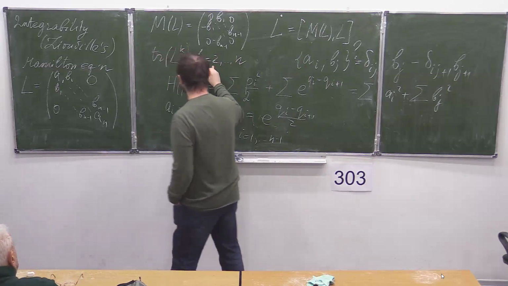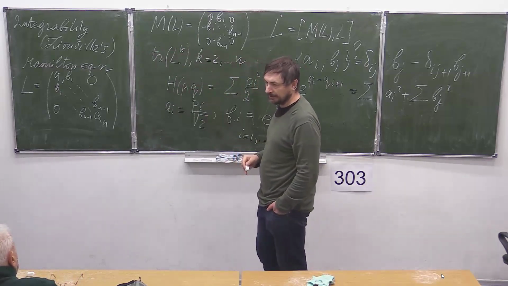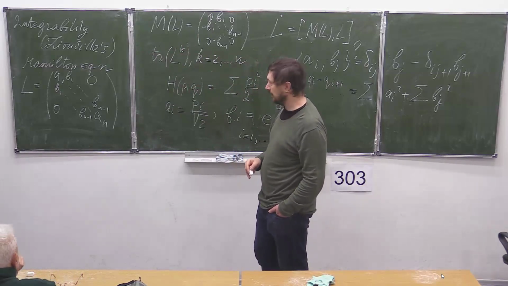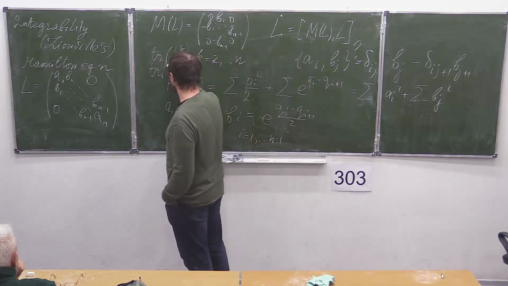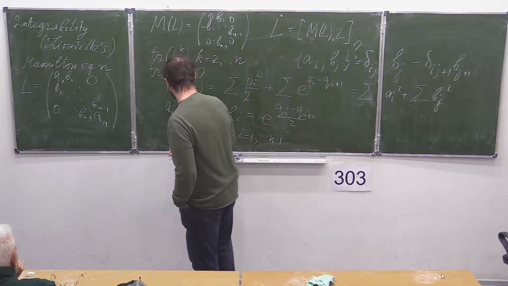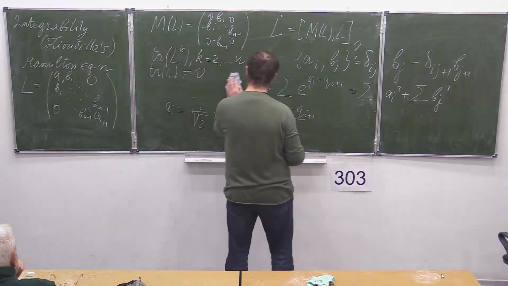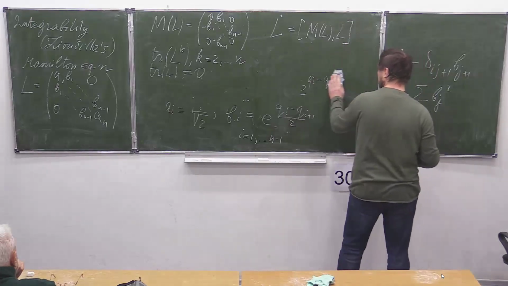As far as the first trace of L itself is concerned, it is not just a first integral, it's actually a Casimir function. So in this case, you can set the trace to some constant, for instance equal to 0. And that actually proves the integrability of the Toda chain.